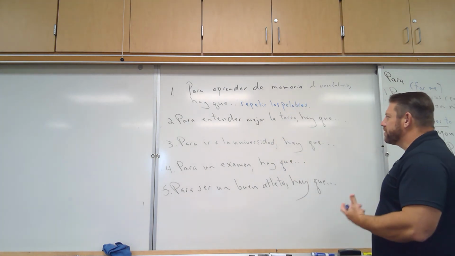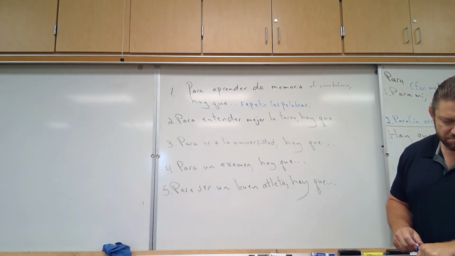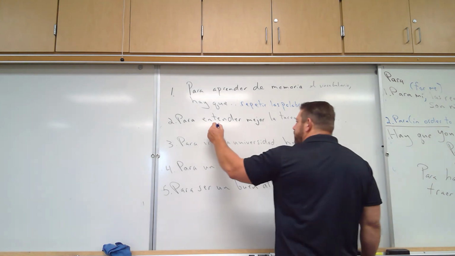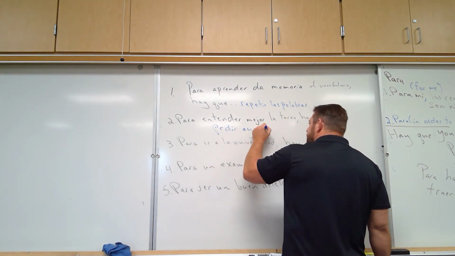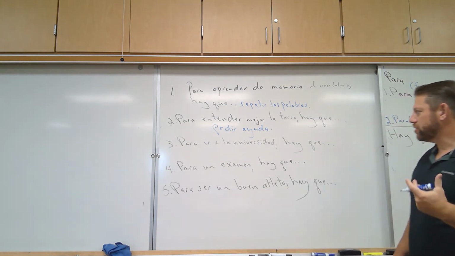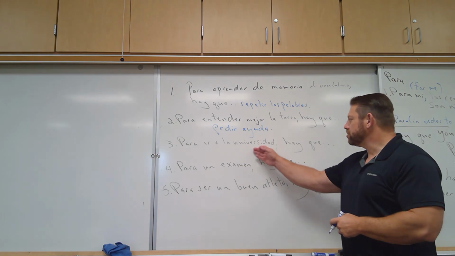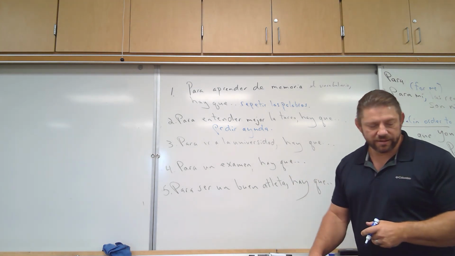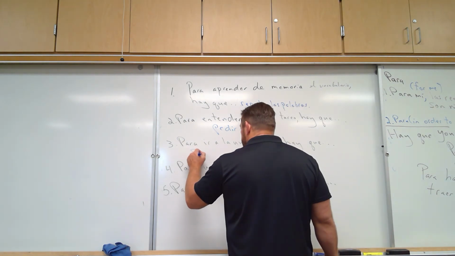In order to understand the homework better, hay que pedir ayuda. You have to ask for help. 3, in order to go to university, one has to, hay que sacar buenas notas. You have to get good grades.